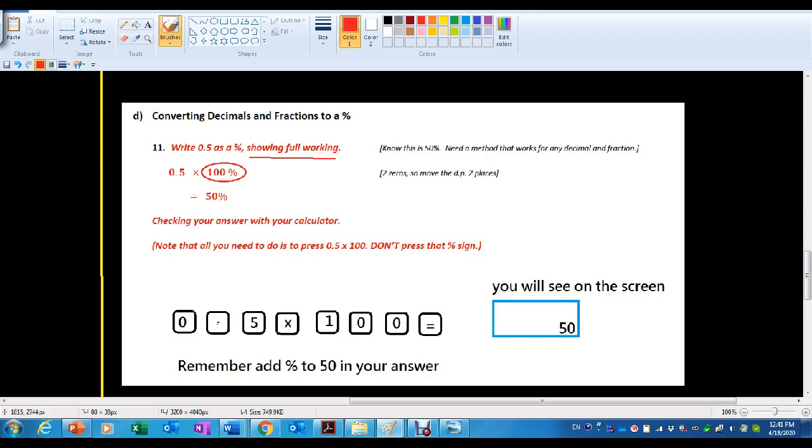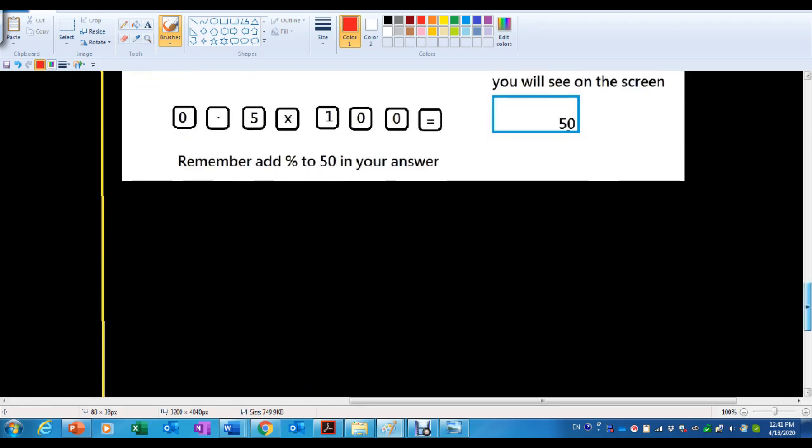Press 0.5 times 100 and equals, and on the screen you will see 50. Then your answer is 50, but with that percentage sign, so that's 50%. Okay, so let's do a few more questions.